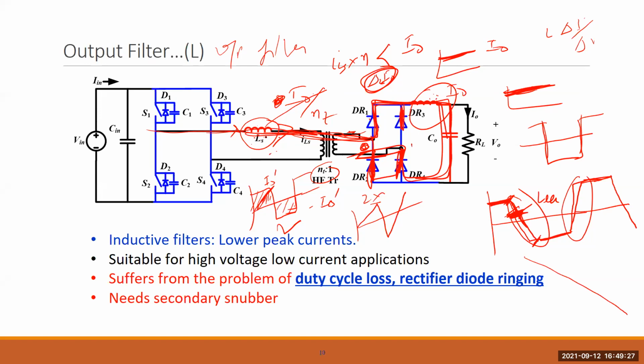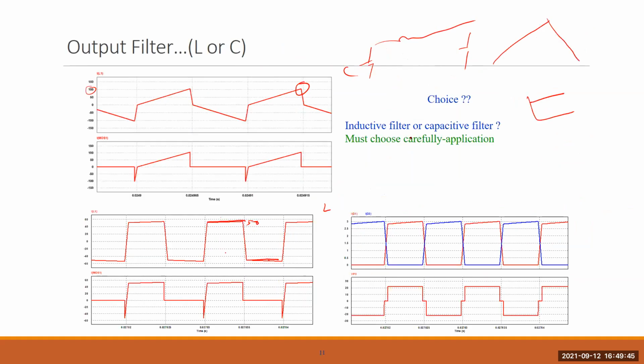So whenever the transformer current is changing direction, there is an imbalance of current between output and input because of the inductive output filter. Because of the imbalance, this difference will flow through the other pair of diodes, causing a short circuit across the transformer.